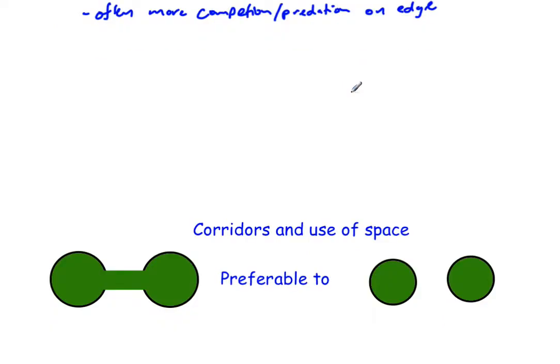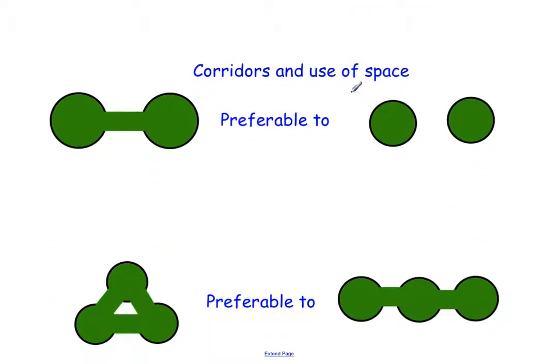Another feature that helps to promote endangered species is the use of corridors within a nature reserve. Even if you have a large area, it's important to connect the different parts of your nature reserve with corridors. What this allows is for different animals or species to travel around your different nature reserves more easily.